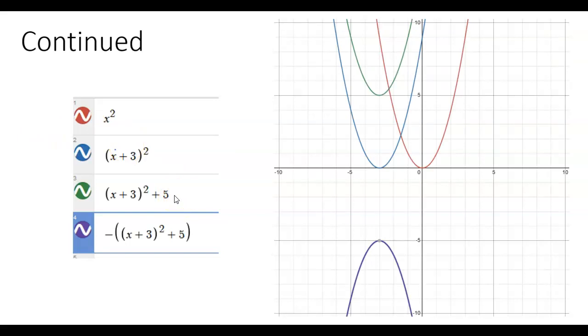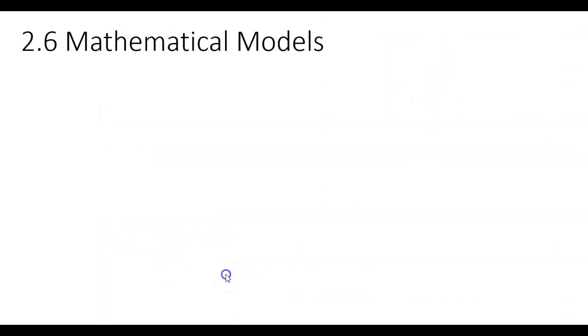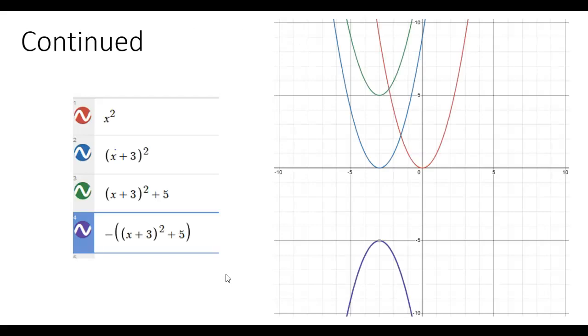And then finally, we are going to apply a negative to the front of this. And we should get a function that looks like this one right down there. Yep. All right.